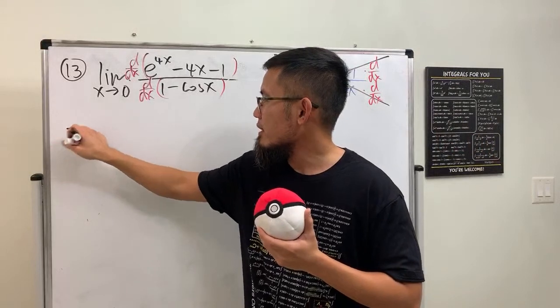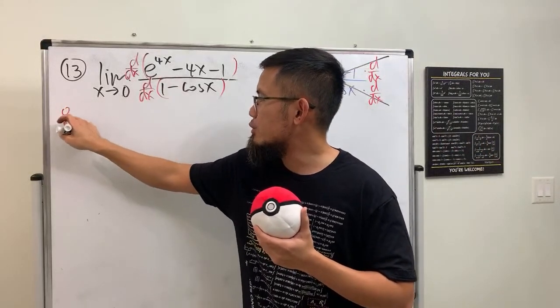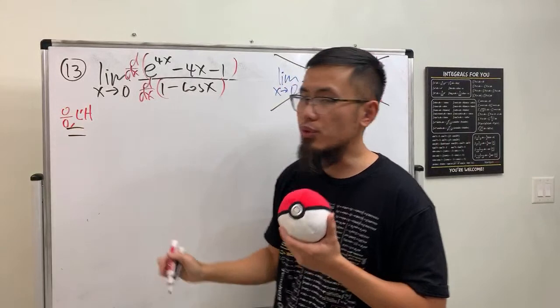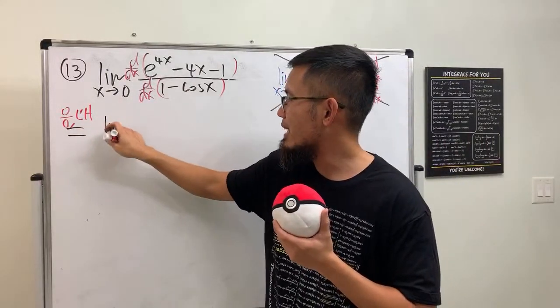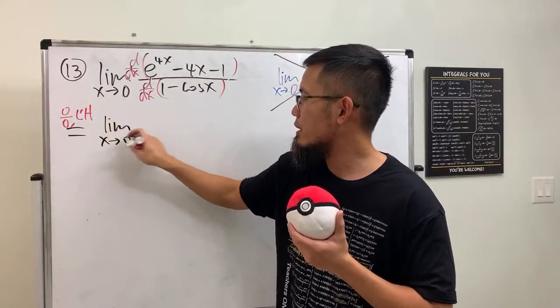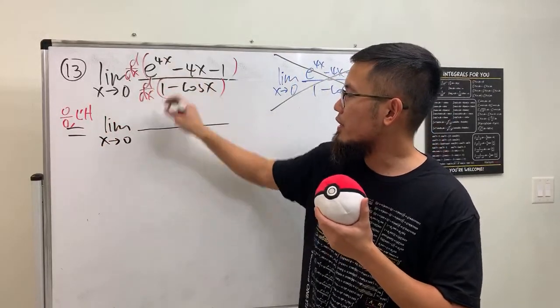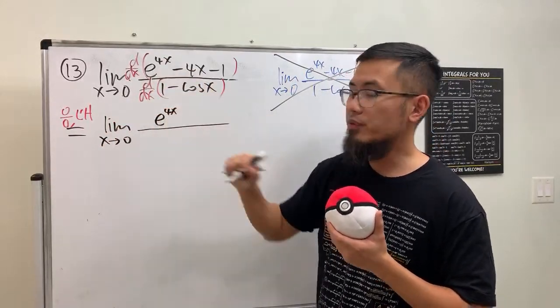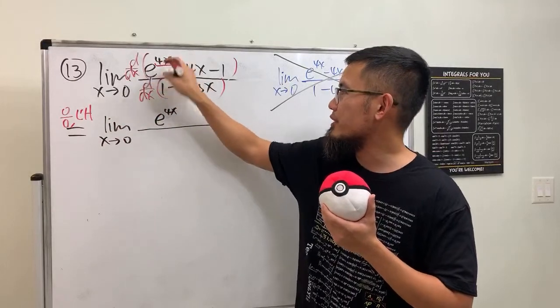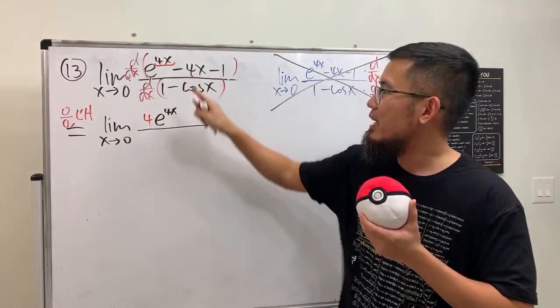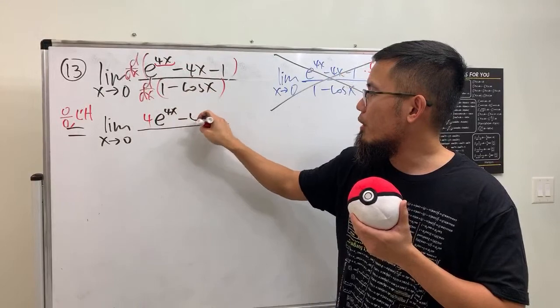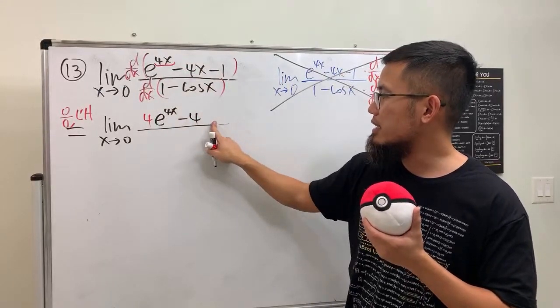Here, because it's a 0 over 0 situation, we are using the L'Hopital's rule. We have the limit as x approaching 0. On the top, the derivative of this is e to the 4x, but don't forget the chain rule multiplied by the derivative of this, which is 4 right here. The derivative of this is minus 4, and the derivative of this is 0, so that's it.